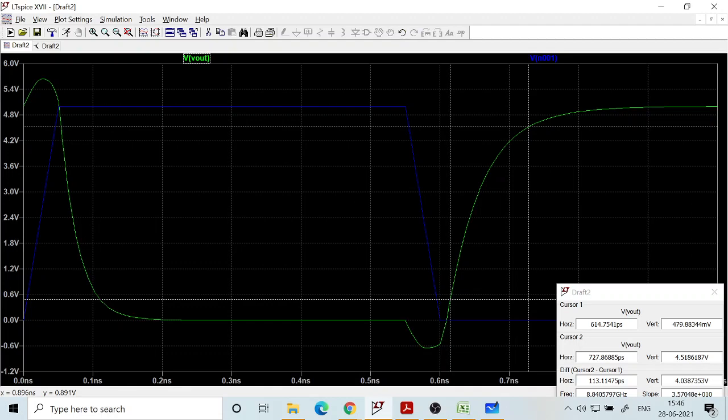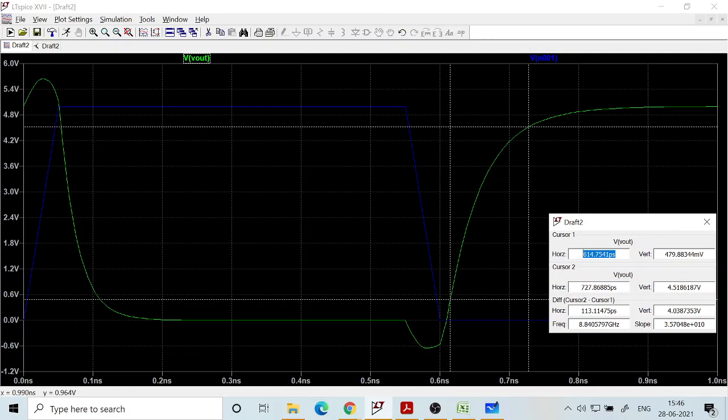So you have the difference here. Difference between cursor 1 and cursor 2 is already given here. So this is basically 113 picosecond. Okay, it's not very exactly measured, but roughly to the accuracy we can get from this graph.